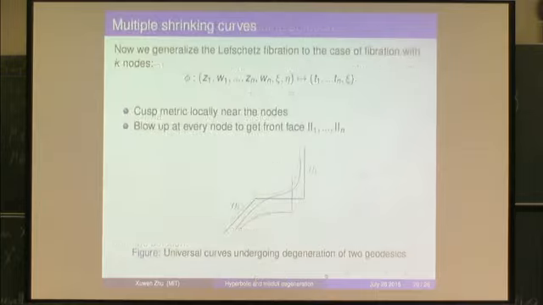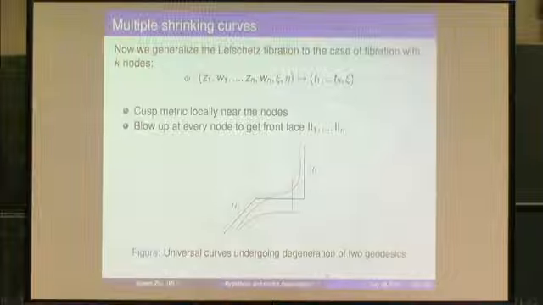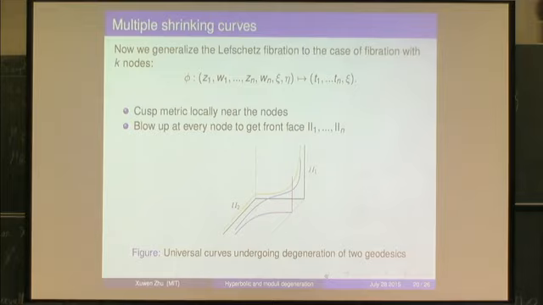So what I just described is shrinking one geodesic circle to 0, but as I described earlier, in the moduli space, if the genus of a surface is higher, then there will be several geodesics shrinking.